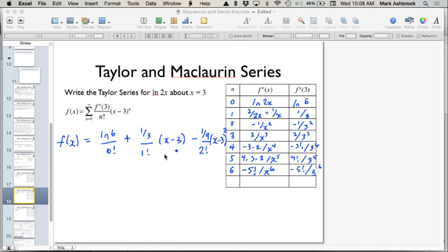Plus, we'll do one more and then we'll do the general term. One more would be 2, and we know that this 2 is really 2 factorial, so it's 2 factorial over 3 cubed, or 27, over 3 factorial times x minus 3 cubed.